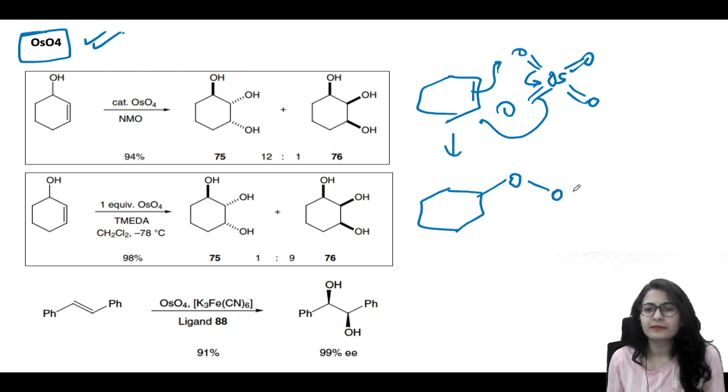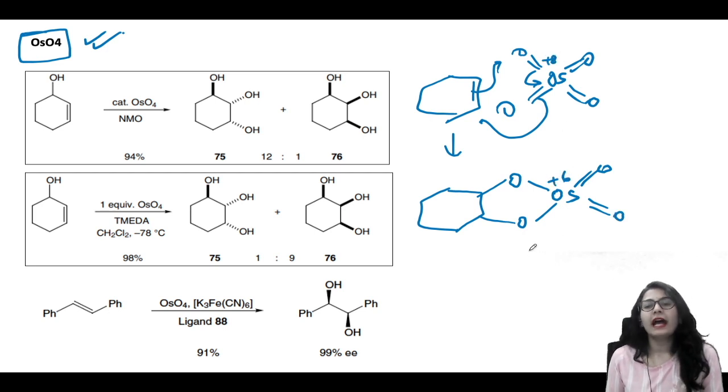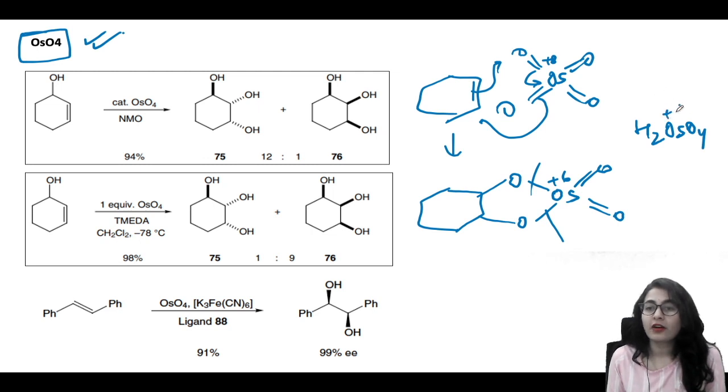It is giving you the osmate ester. It is very popular. Now its oxidation state has become +6. It was +8 before. And after this, it's going to cleave the bonds. It's going to undergo hydrolysis to give you two OH groups over here. So rather it becomes H2OsO4, in which its oxidation state remains +6.